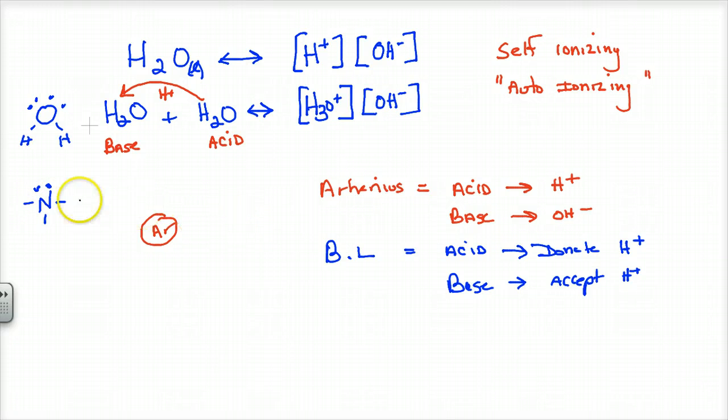Okay, so in any case, we have one final definition, and that's the Lewis definition. And Lewis is more encompassing. Let's go back to Bronsted-Lowry for a second. Bronsted-Lowry was a more encompassing definition that included chemicals that Arrhenius didn't feel were acids.